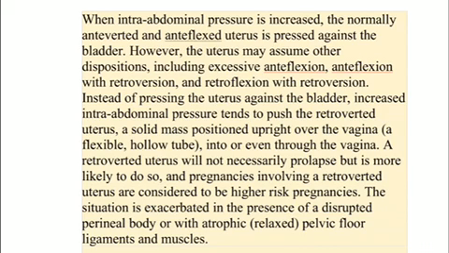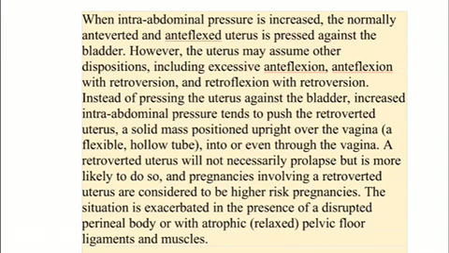You could have anteflexion with retroversion, retroflexion and retroversion. So instead of the uterus pressing against the bladder, when there's increased intra-abdominal pressure, the uterus is pushed, so that you have a retroverted uterus.